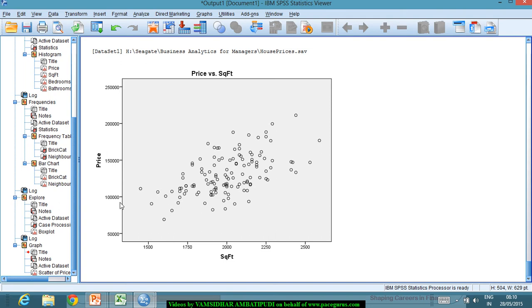The larger the size of the house, the higher the price associated with it, and vice versa. This is very clearly seen from this scatter plot.